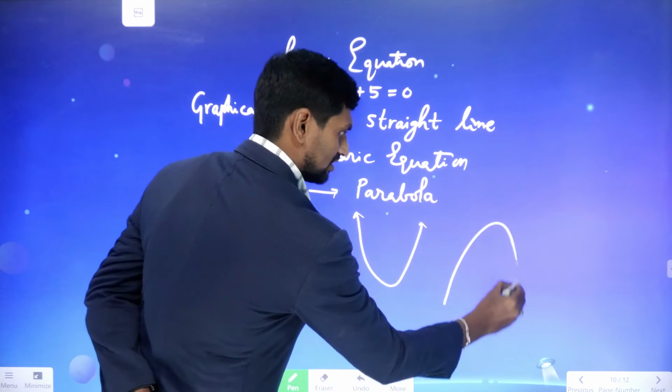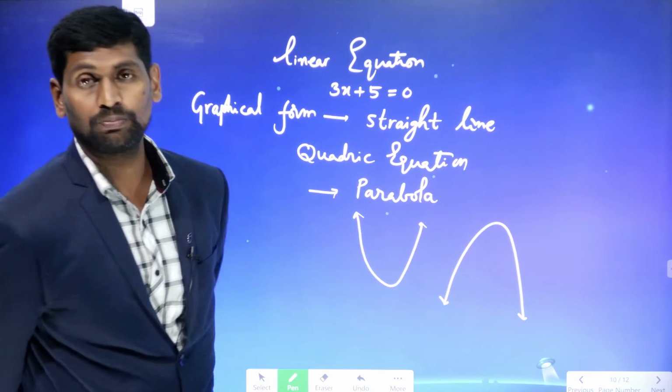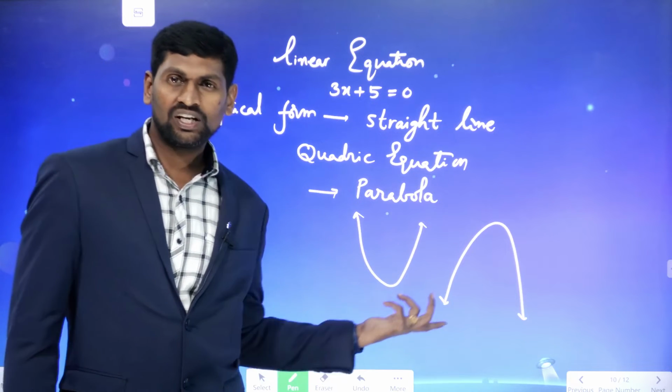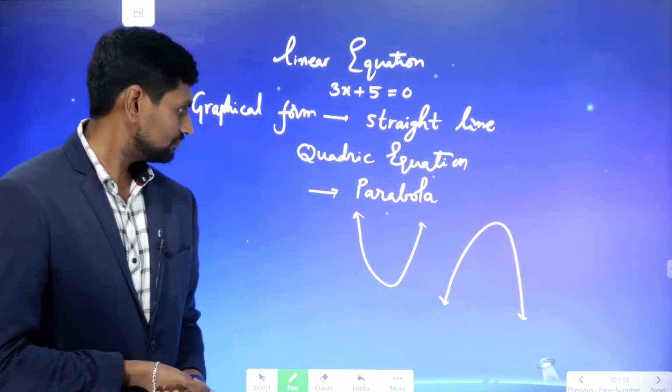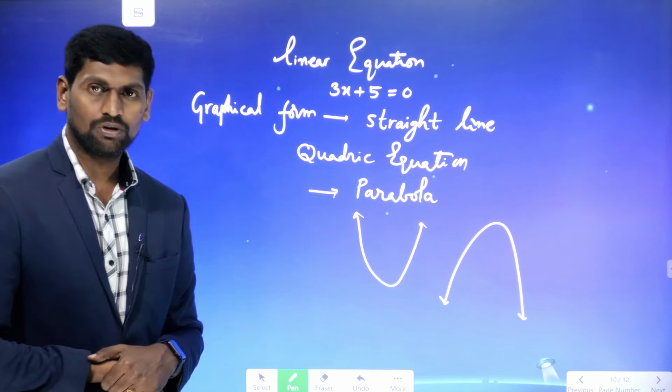We can take it like this also. You will have the parabola topic in intermediate, okay? This shape looks like union and intersection, a U shape, right? This is the shape of parabola.